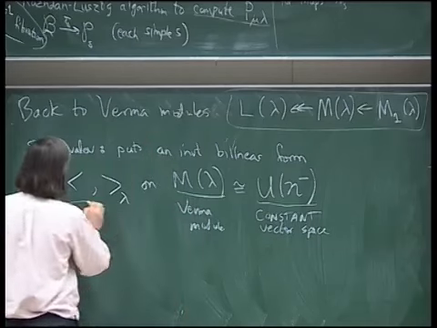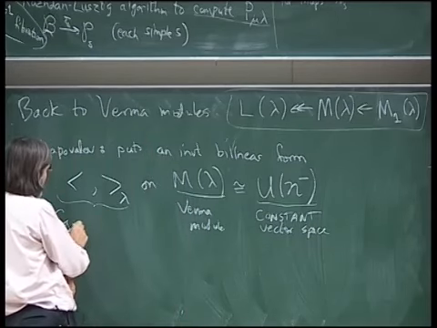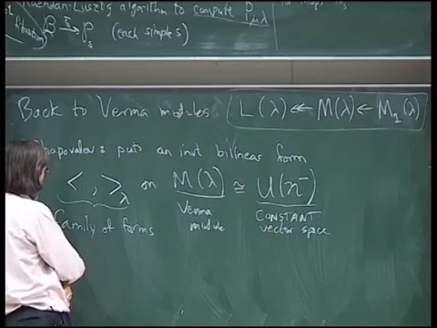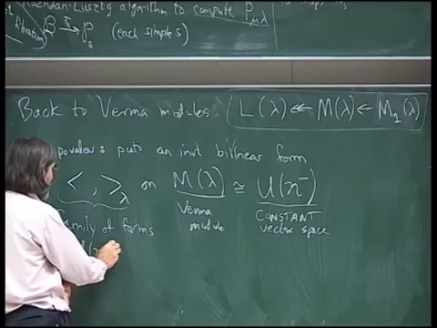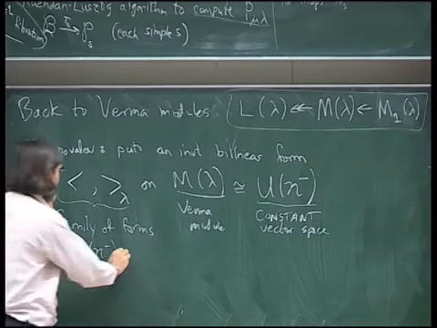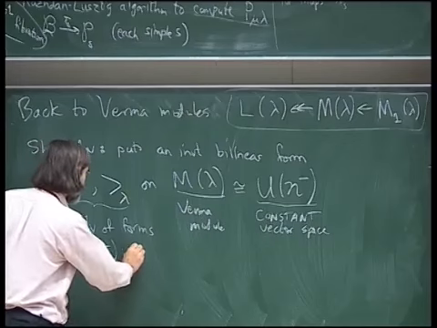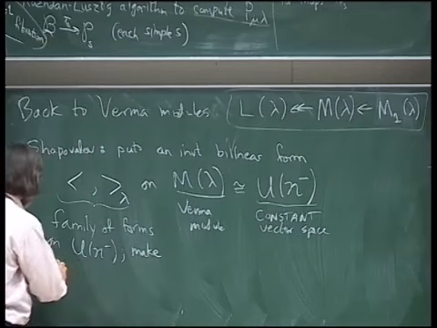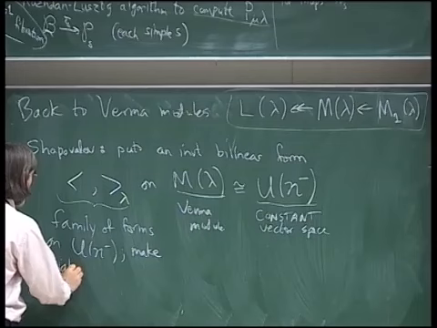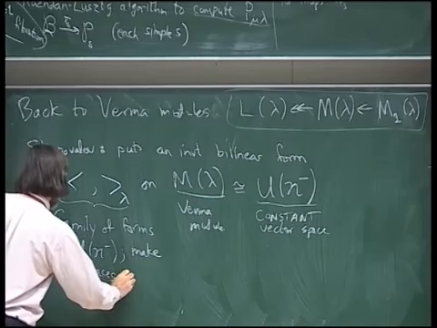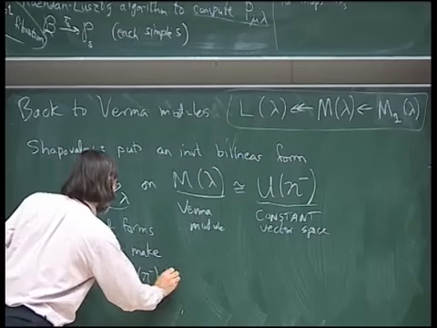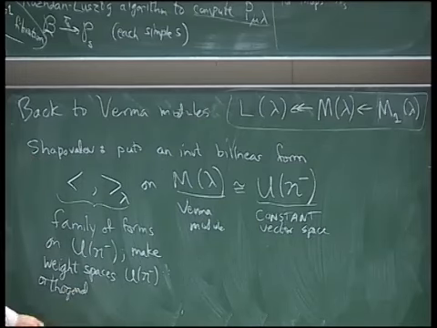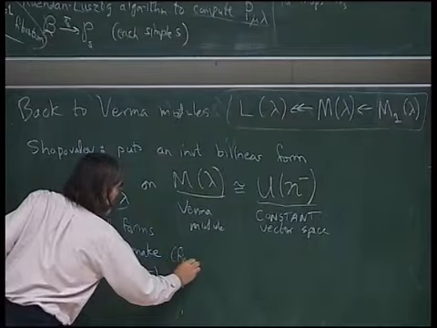So this is a family of forms on this U of n minus, and they make the weight spaces of U of n minus orthogonal to each other. And those weight spaces are finite dimensional.